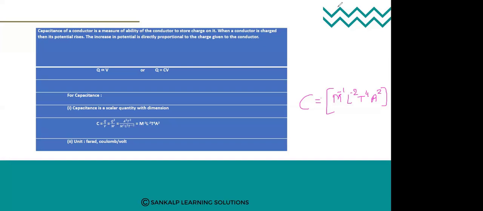Any doubt regarding the capacitor or capacitance?